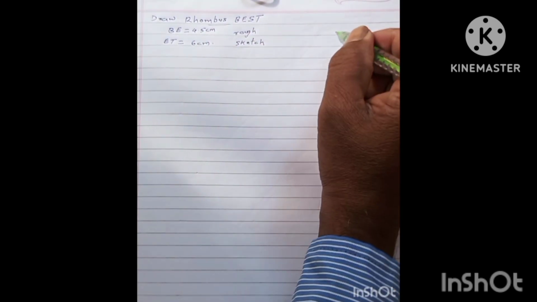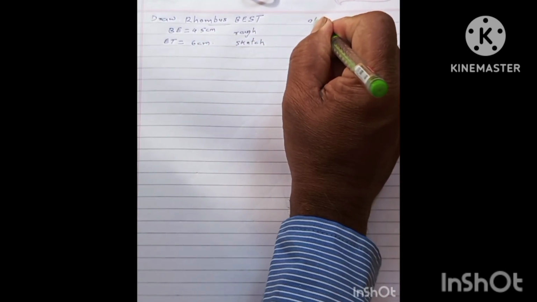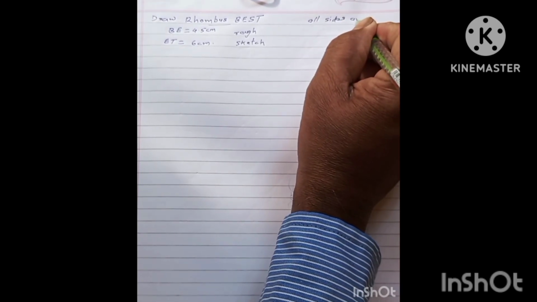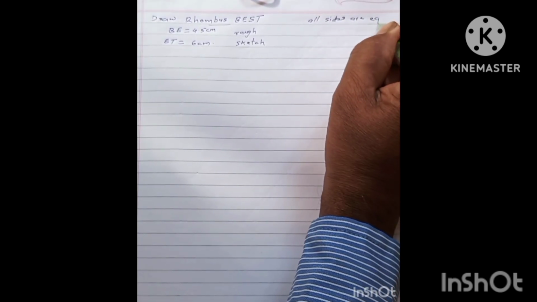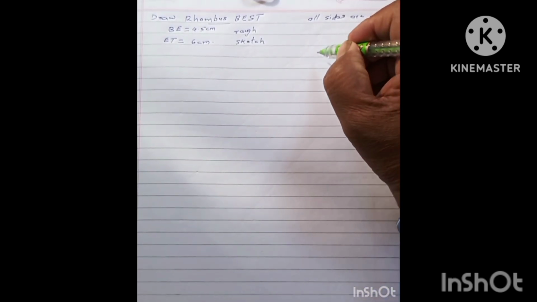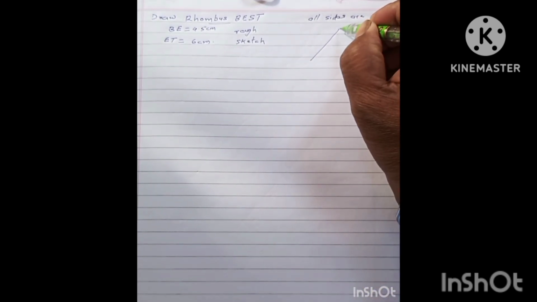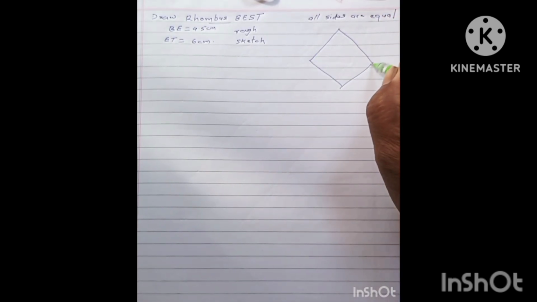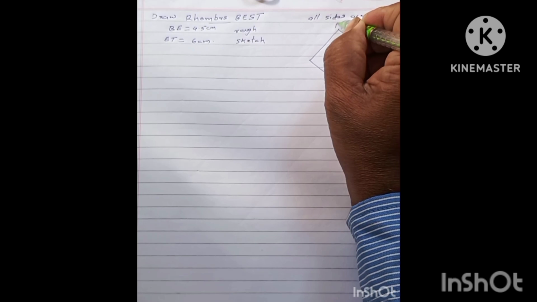Remember, you have to draw a rhombus. What does that mean? That means in a rhombus all sides are equal. Okay, that means by giving you BE, he has not given you only one dimension, he has actually given you 4 measurements.